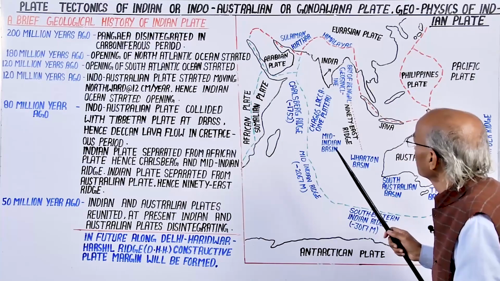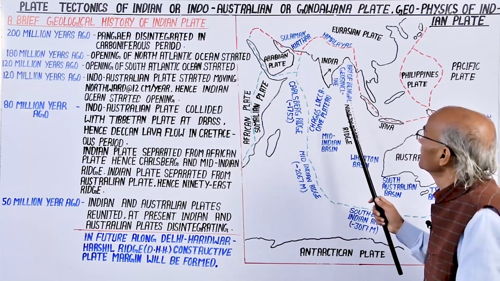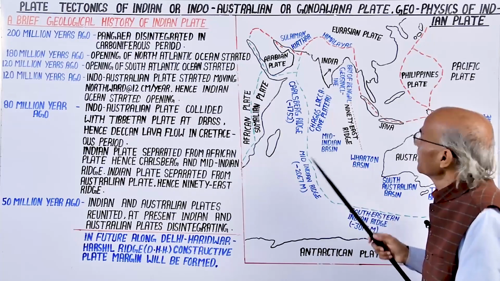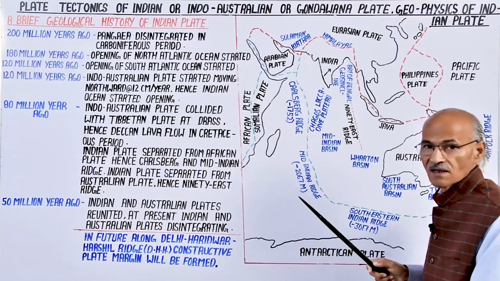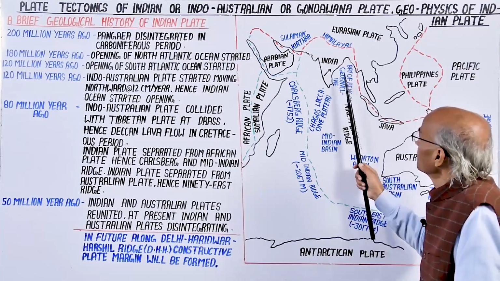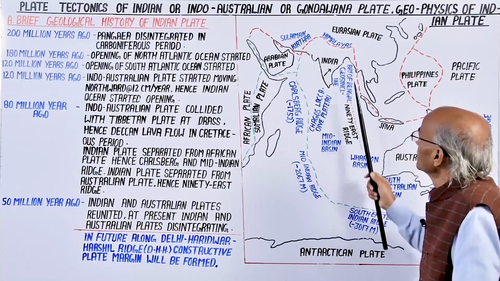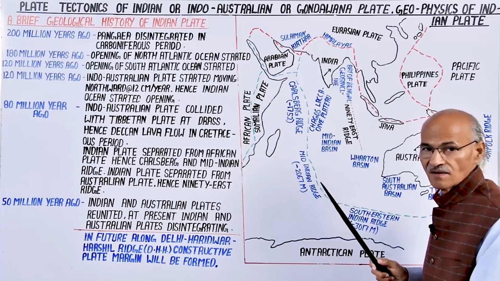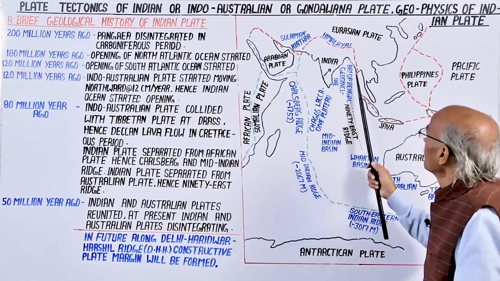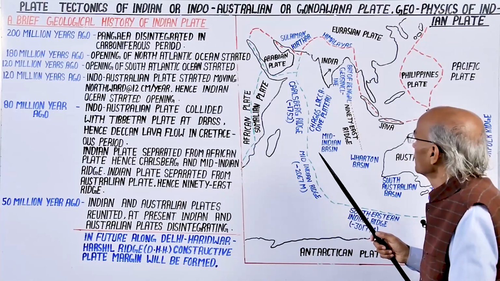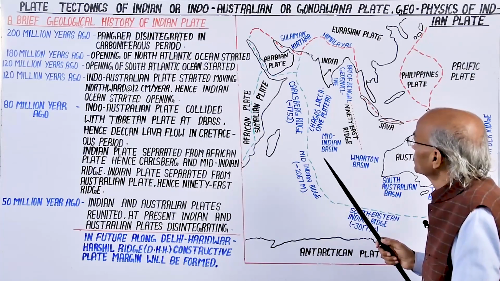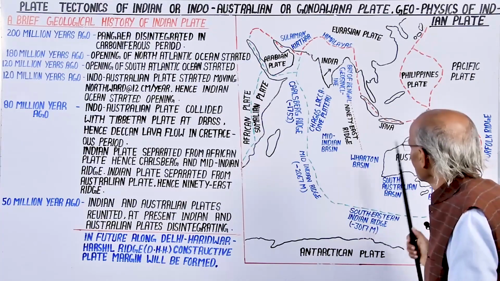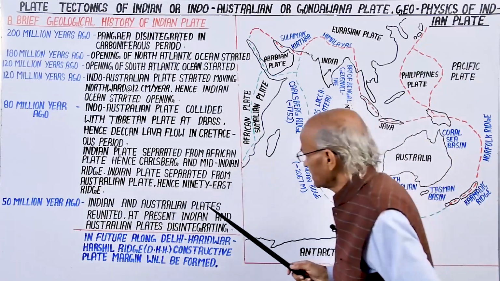Why disintegrating? Its cause may be the sedimentation in the Bay of Bengal and the rapid rate of subduction of the Bay of Bengal geosyncline. That's why fissures have developed again here, resulting in the barren active volcano. Thus, today geologists and geophysicists say that the Indian plate and Australian plate are again disintegrating.